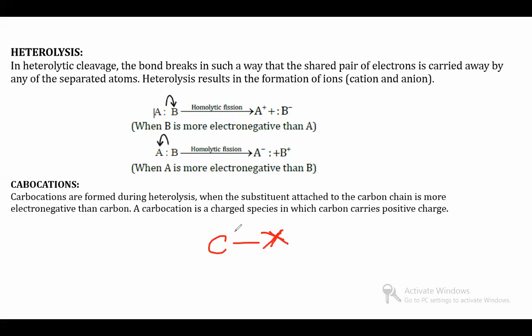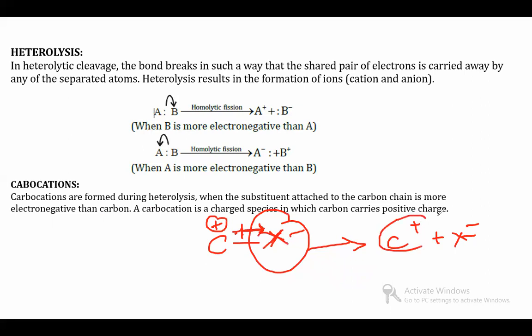So the electrons shift and become more concentrated towards X. X will get the negative charge and C will get the positive charge. If carbon is attached to a more electronegative atom, then unequal cleavage will take place with the formation of C plus and X minus. C plus is the carbocation and X minus is the halide ion, which is more electronegative, so it obviously drags a pair of electrons towards itself.